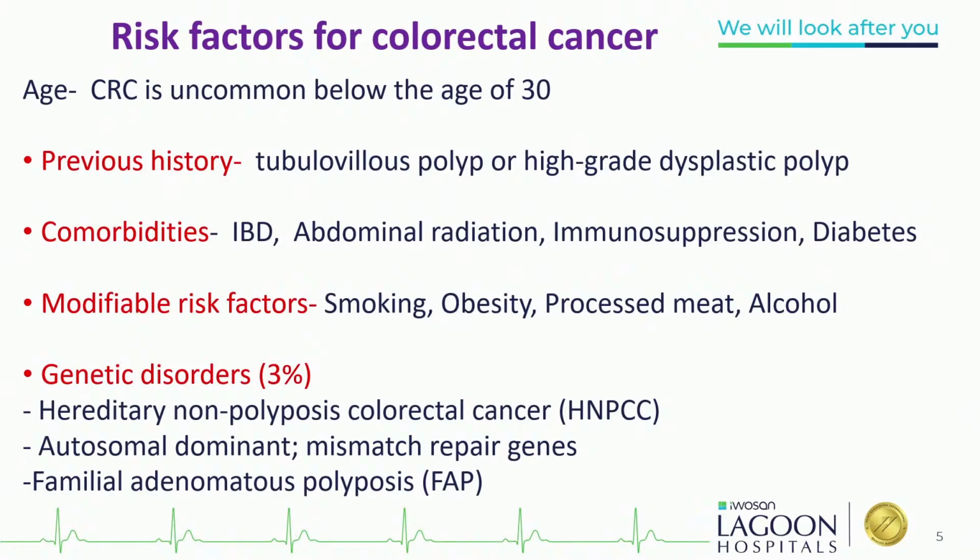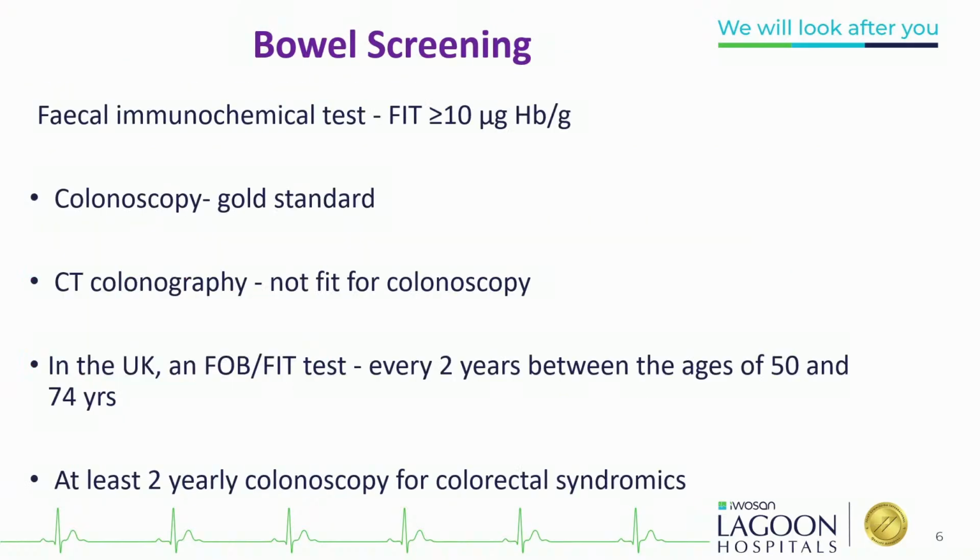Next slide, please. This is all being dealt with. I'm not going to bore you with all the details. The key thing to talk about is FOBs and FITs. The screening program in the UK, where I work, is that once you reach 50 years of age, they start sending you samples, two sample tests. If blood is found in your stool, it now becomes quantifiable.